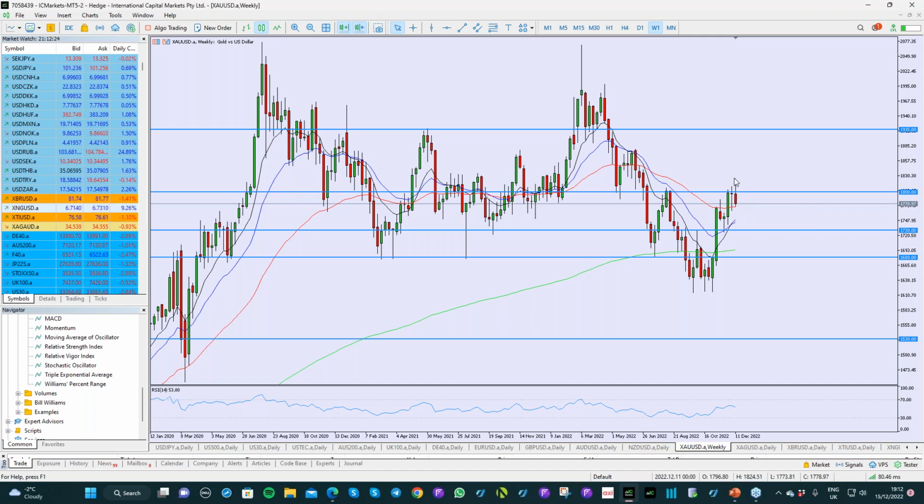But even if it doesn't, even if price just ends as it is on this weekly time frame, that is a very bearish candlestick, and it is therefore a bounce from this 1800 level, because price on the weekly time frame hasn't actually yet closed above that 1800 level.